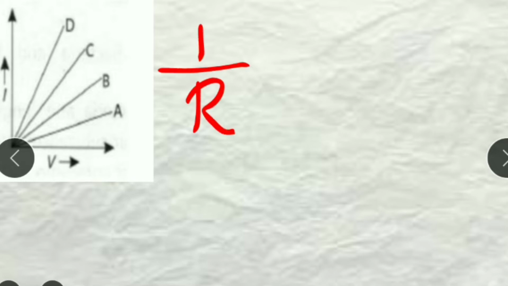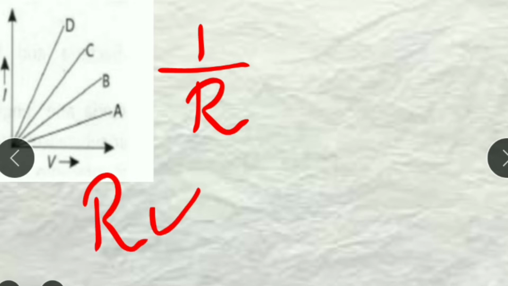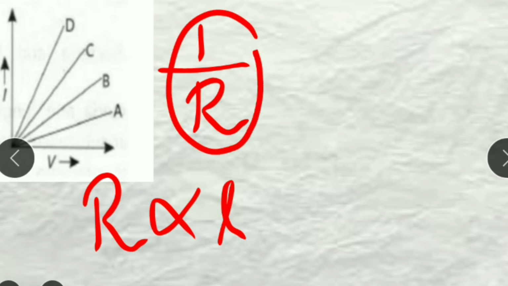Okay, as you can see, there's a graph on your screen which is again an IV graph, and the IV graph gives us the reciprocal of resistance. So that means you have to inversely relate the factors of the resistance. If resistance is directly proportional to length, in this case it will be just the opposite.